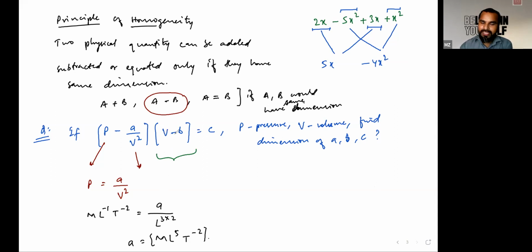As they are related by a negative sign, they have the same dimension, so we can write b is equal to V. The dimensional formula of volume is nothing but L cubed. Is it clear to everyone? Sabita, any doubt? No, sir. Okay, just write it down. I'm explaining how to solve the third part, that is c.